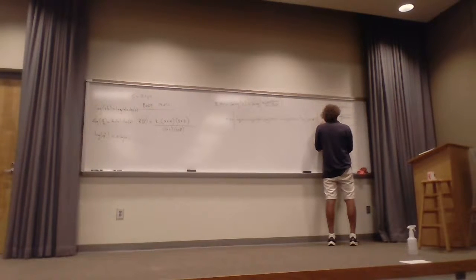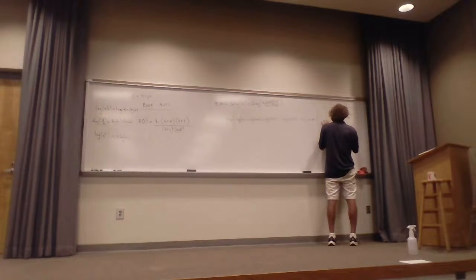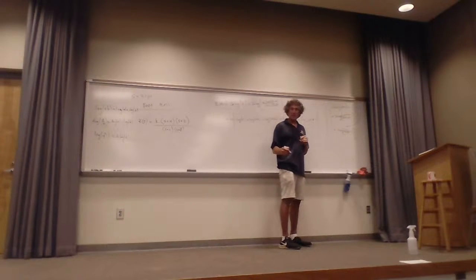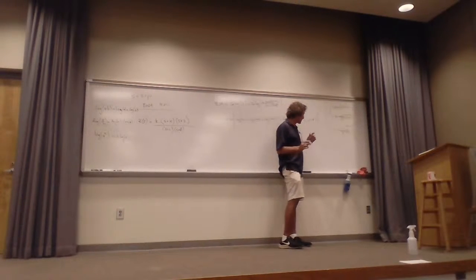So I'll have 20 times the log, and then since I'm dividing by a, I'll have the log of the quantity a times s over a plus 1. Y'all follow me? All right, now I'm doing it for a reason.